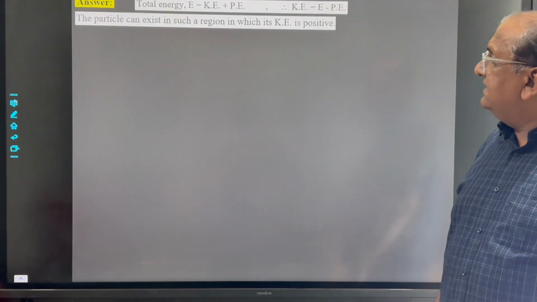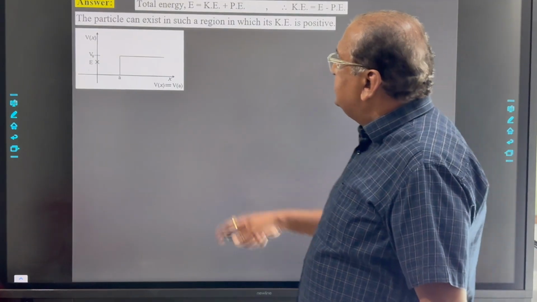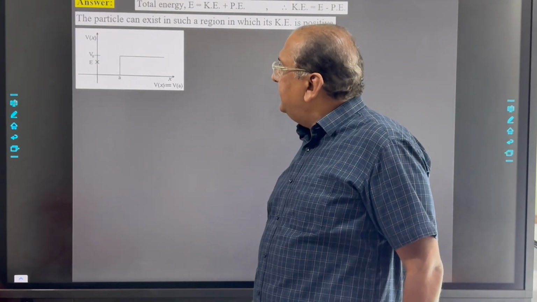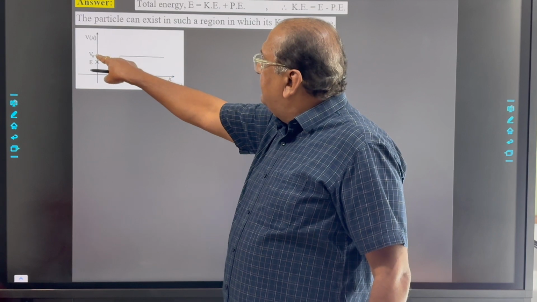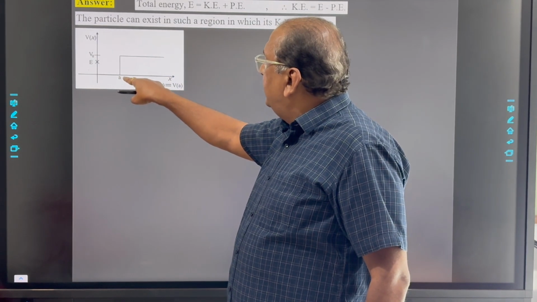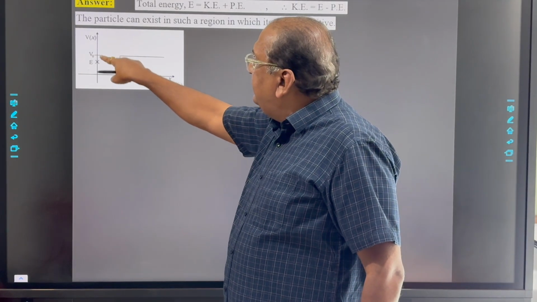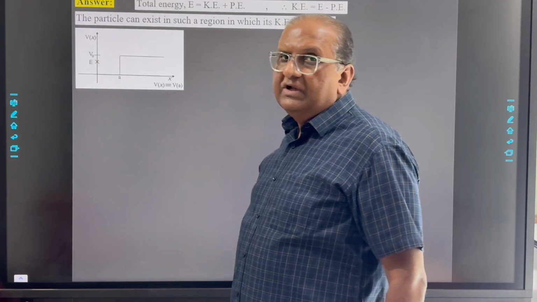Now, let's analyze each graph. In this particular graph, the potential energy for x greater than A is greater than the total energy.